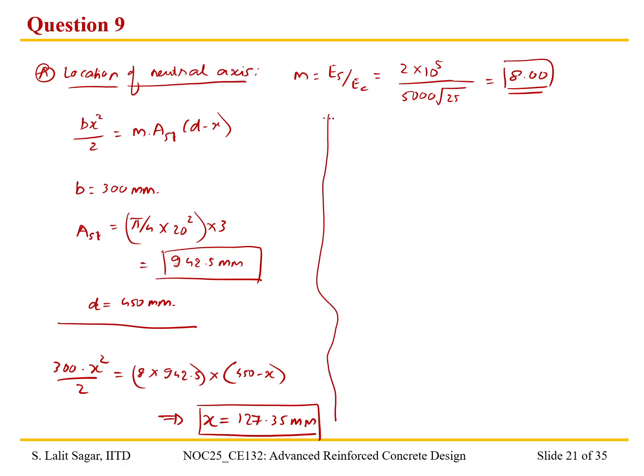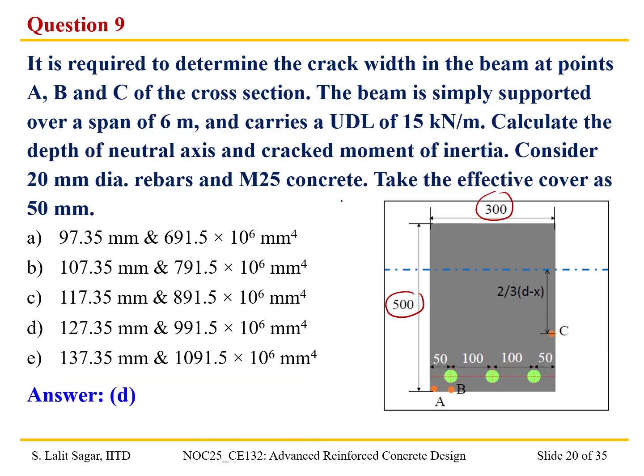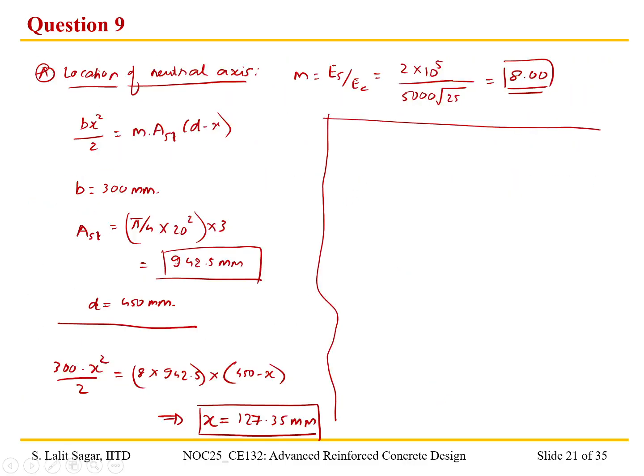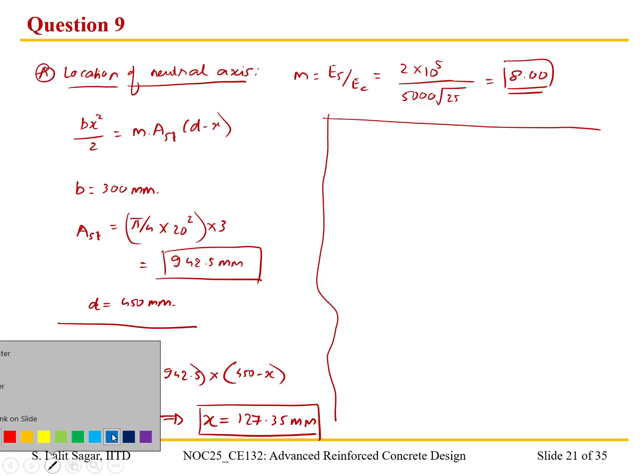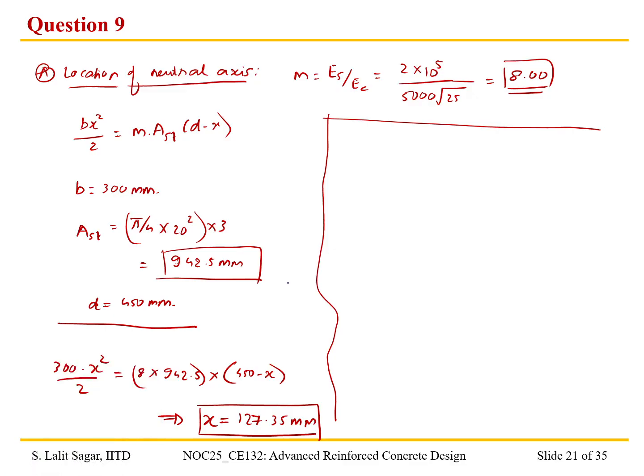Okay, so we have located the neutral axis, right? So let us proceed to find out the cracked moment of inertia. I'll take a different color now. Icr is equal to bx cube by 3 plus m Ast into d minus x square.